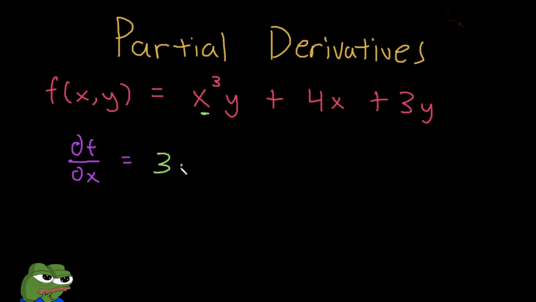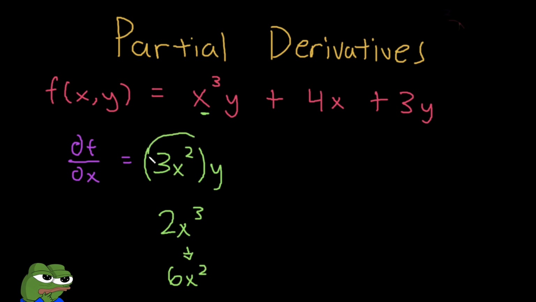That's 3x squared multiplied by the constant. If you visualize y as the constant 2, then 2x cubed would have derivative 6x squared. It's basically the same as this; you're just treating y as a constant.